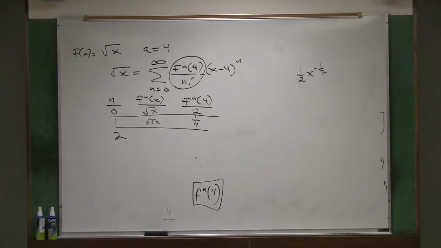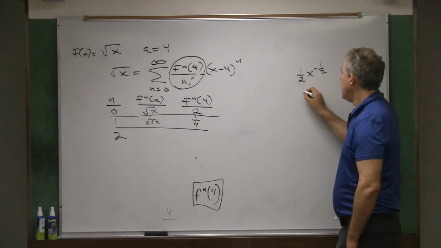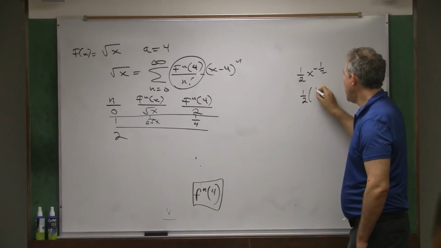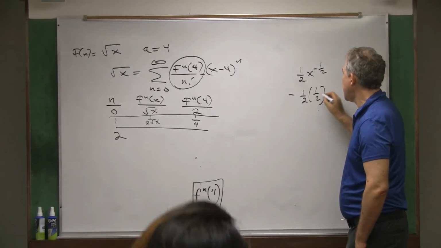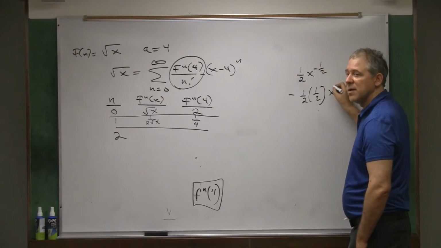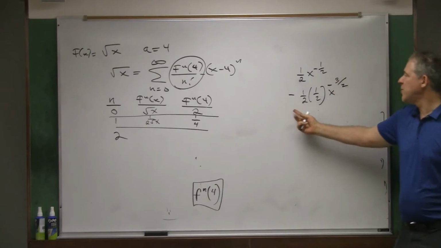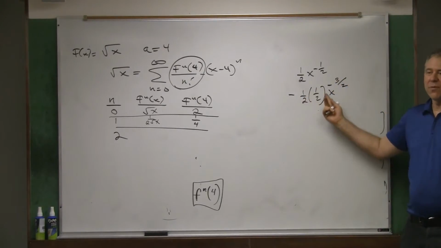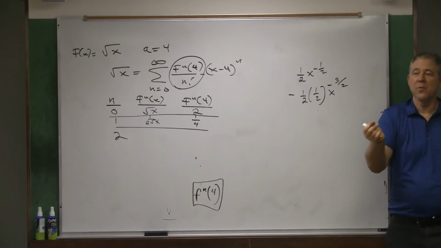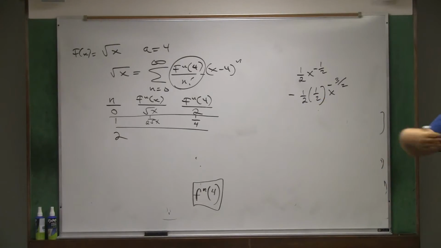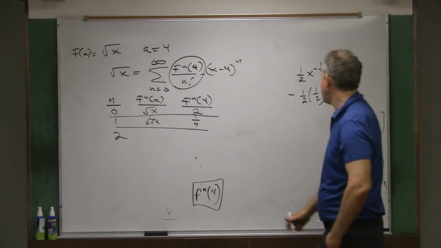Negative 1/2 times 1/2, another 1/2 with a negative sign, and an x to the negative 3/2. Now, if you call this 1/4, that's correct, but it's going to help you find the pattern if you don't simplify it. So write it out long, it helps you figure out the pattern.